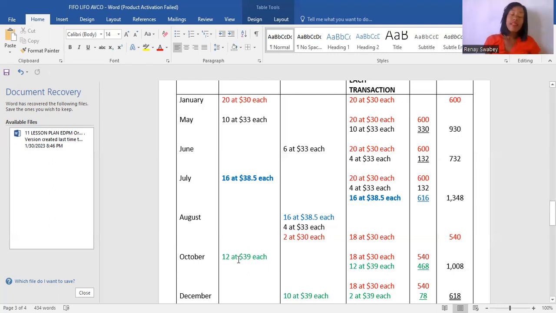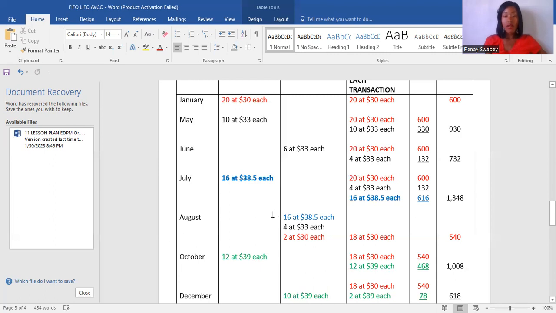So she didn't buy anything at all in August because nothing was sold in July. So we rewrite this transaction here in July, or the total amount of goods that she had in July, we're going to put them back in August. They go over to August.